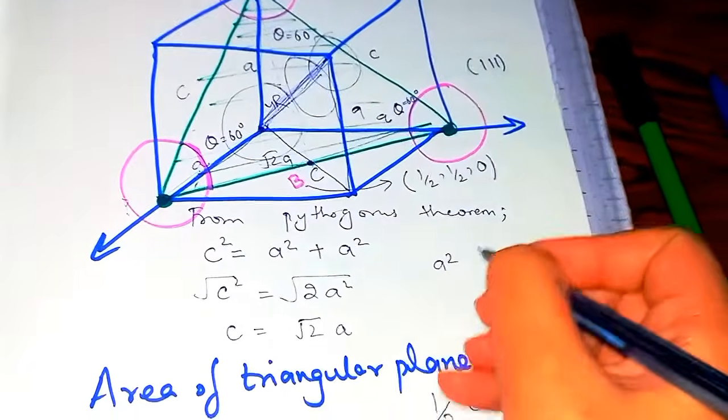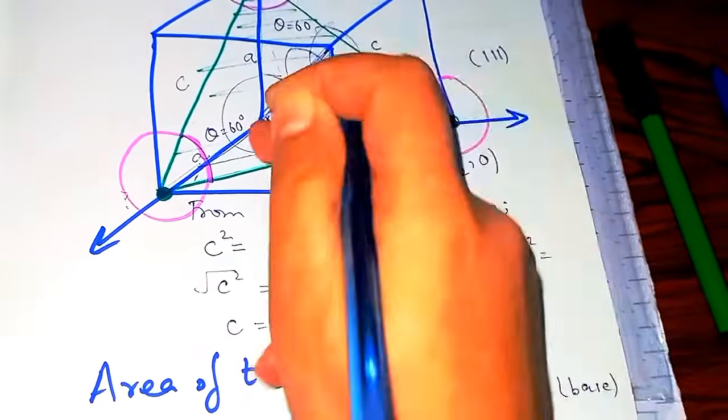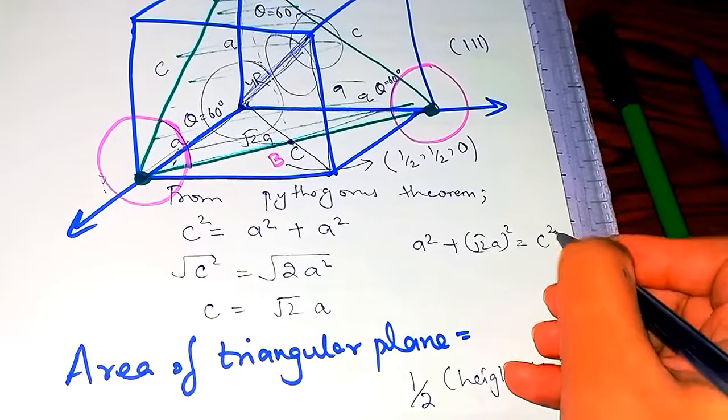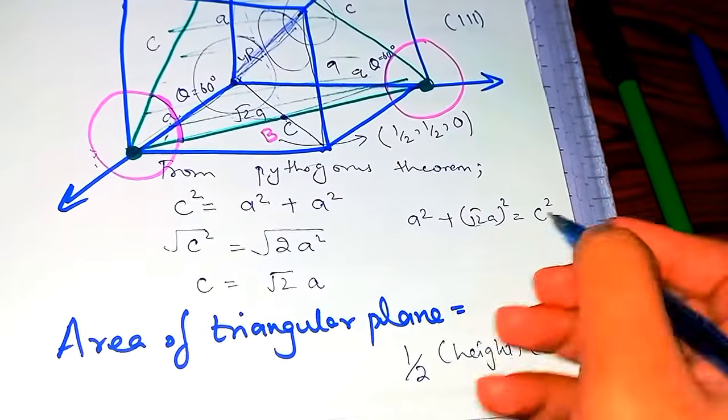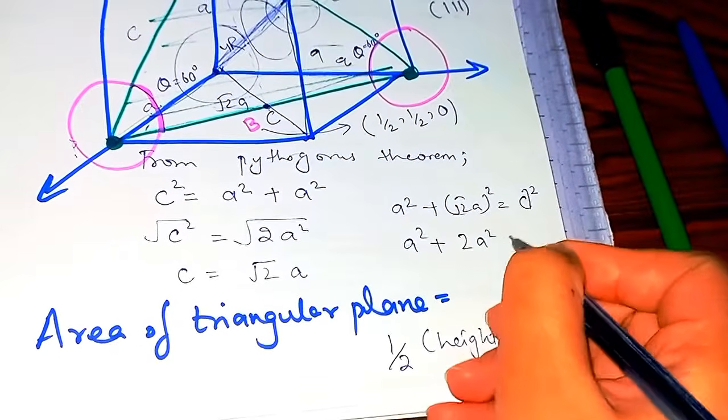We can easily calculate this length in terms of lattice parameter as well. This is a square plus this is root 2 a whole square, that equals this length, which is actually c square. I'm going to call it d square. A square plus 2a square equals d square.